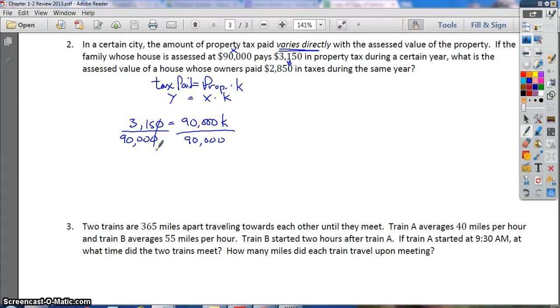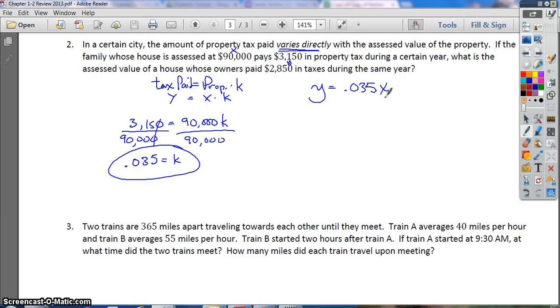Okay. I'm going to need a calculator. So when I divide 3,150 by 90,000, we get 0.035. An interesting 5 I have going there. That's the tax rate. So the equation you use to solve the next part would be y equals 0.035x.